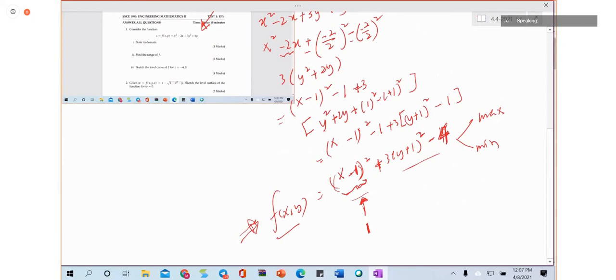Yes, greater or equals to 0, right? So which means the minimum value is 0, correct. Because if I put 1, I get 0, if I put 2 will be 1. 1 is greater than 0. So 0 is the minimum value. You want the result, remember?